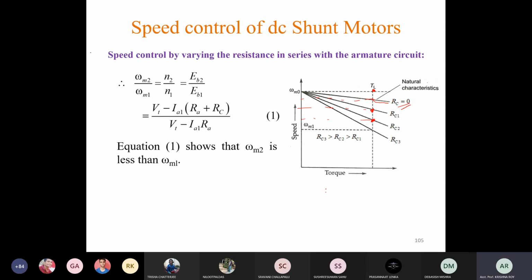RA is fixed, that is the resistance of the armature winding, so you cannot decrease that value. For this value we will get the base speed. To increase the speed using this resistance control method, you have to decrease this resistance. For that you have to connect some negative resistance, which is not practically possible. So in this method we don't have any option to increase the speed above base speed, but in our previous method we have that option, but we do not apply it from a protection point of view.